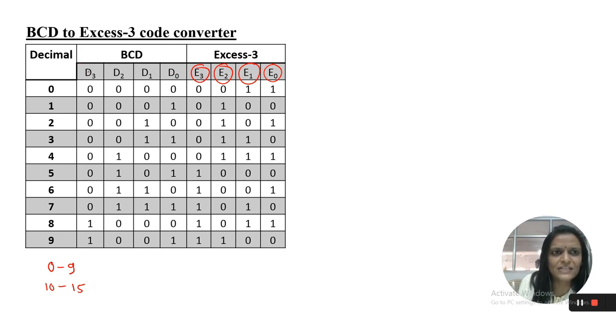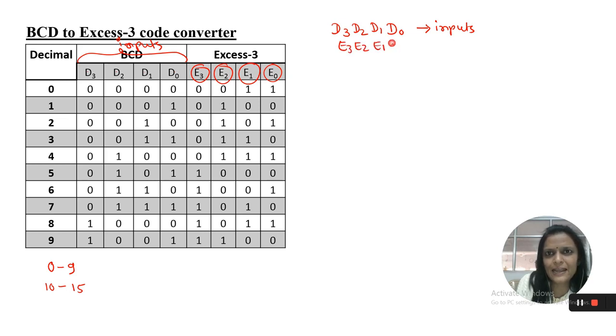D3, D2, D1 and D0 are the inputs of the circuit which we are going to design, and E3, E2, E1 and E0 are the outputs of the circuit which we are going to design.